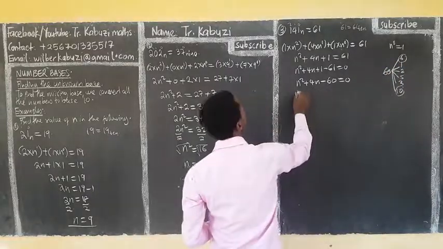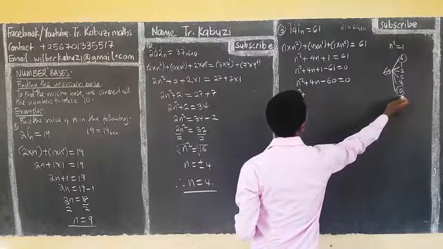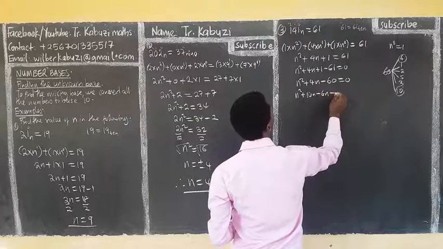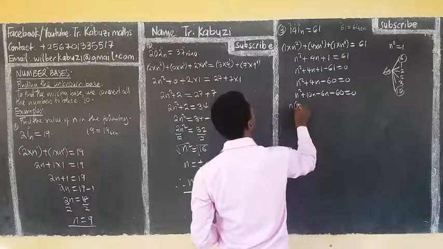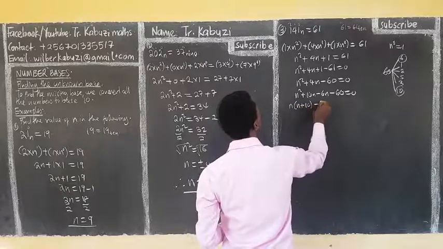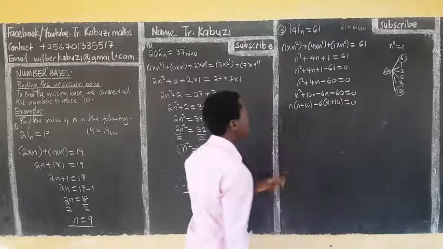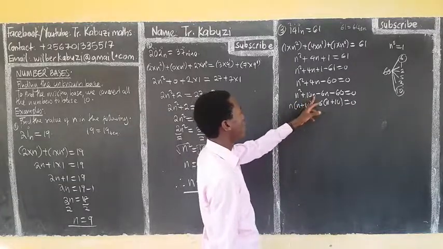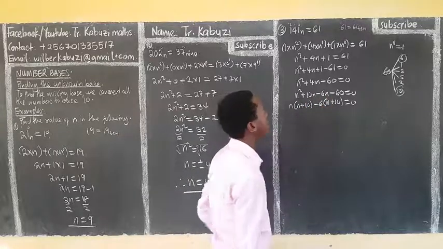So we have n squared plus, now the biggest has to be positive, 10n minus 6n minus 60 equal to 0. When you simplify, you factorize out n from the first two terms and minus 6 from the last two. When I remove n, I have 10. When I remove negative 6, I have this.